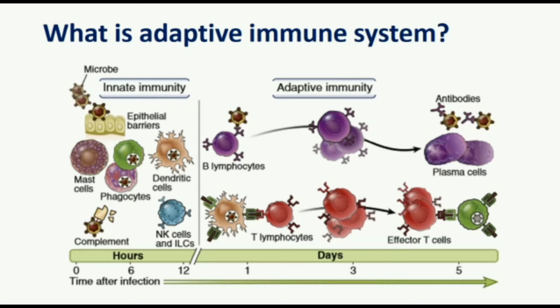Simply, our innate arm is composed of immune cells like mast cells, dendritic cells, natural killer cells, complement proteins, and so on. When pathogens enter our body via epithelial barriers, these cells identify the pathogen, and antigen presenting cells engulf them and digest them via different enzymes. Then the MHC receptors present pathogen peptides to the environment.